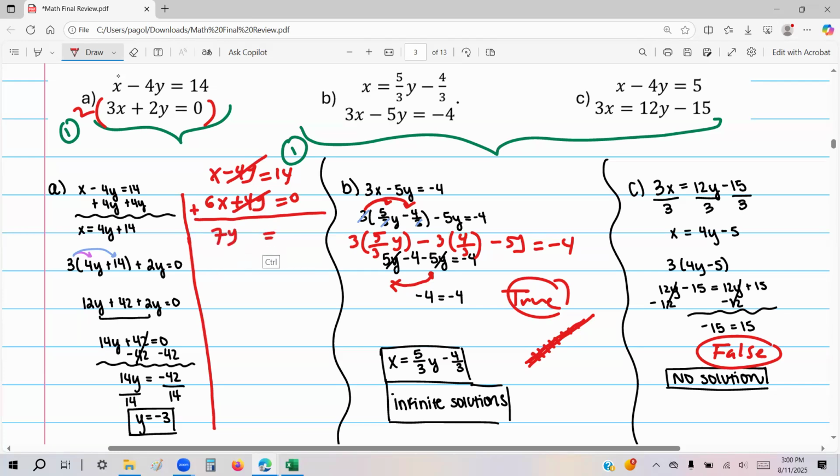So you get 7x equals 14, divide by 7. So your x is 2. And then you replace into one of the equations to get the y.